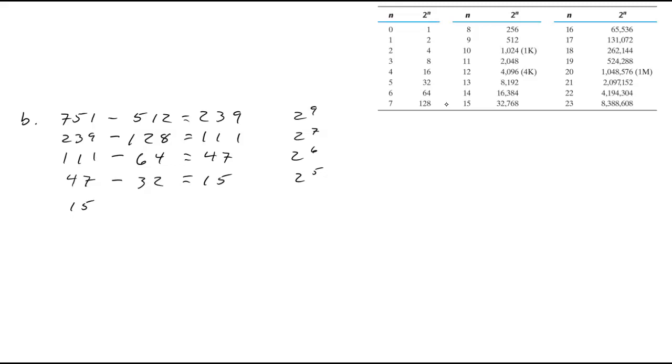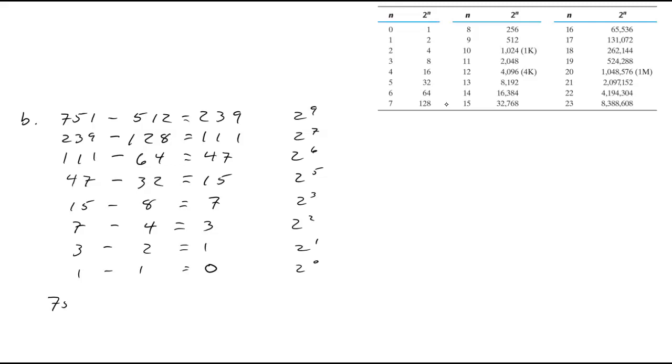So we need to go to 2 to the 3rd, which is 8, gives us 7. And we can go to 2 to the second, which is 4. Gives us 3. From 3, we can subtract 2 to the first, which is 2. And from 1, we can subtract 2 to the 0, which is 1. And we're at 0.